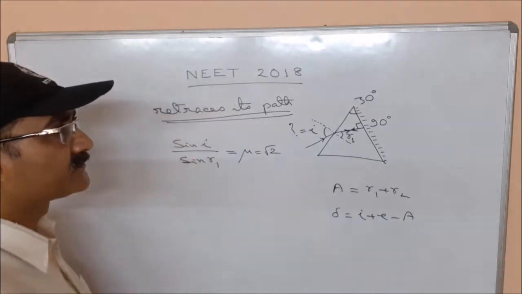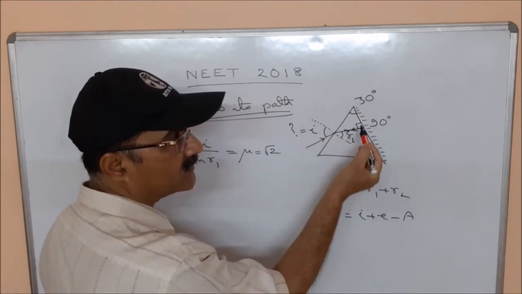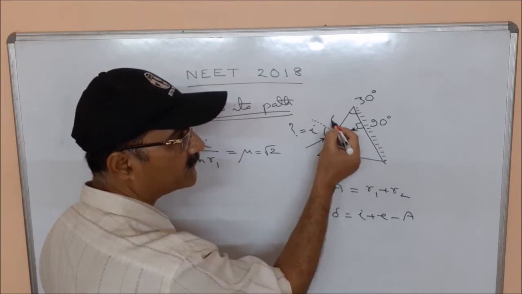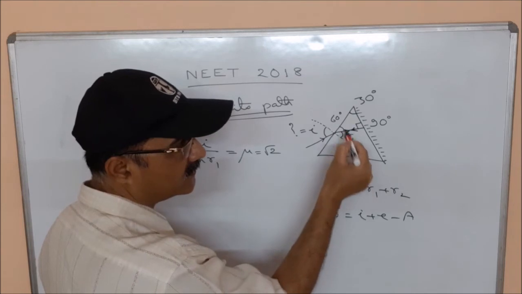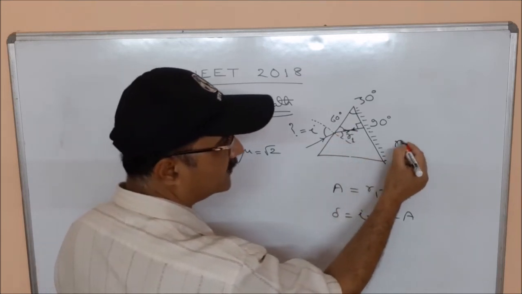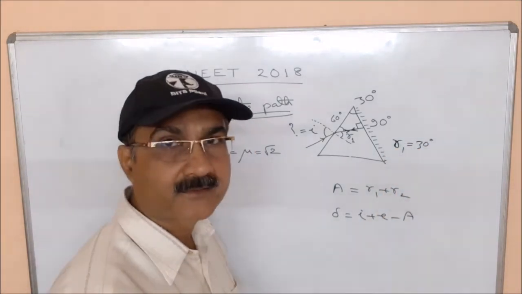First method is, see, in this triangle we have already seen that this is 90 degree, this is 30 degree, so this will be 60 degree. Since this is normal, this R1 has to be 30 degree. So R1 is equal to 30 degree.